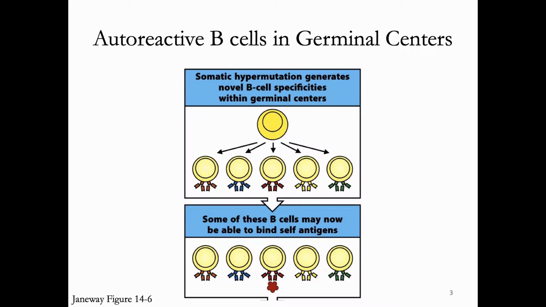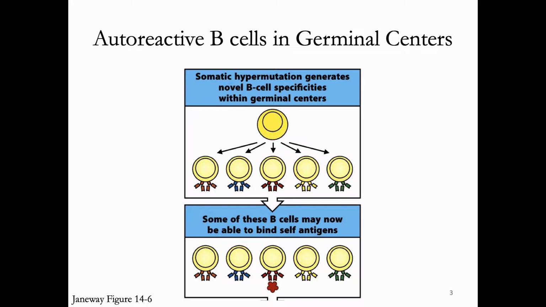And so our B cell will divide, and it will make multiple new mutations in its B cell receptor. It's entirely possible that when those mutations arise, some of the B cells that were previously not self-reactive will become self-reactive B cells.